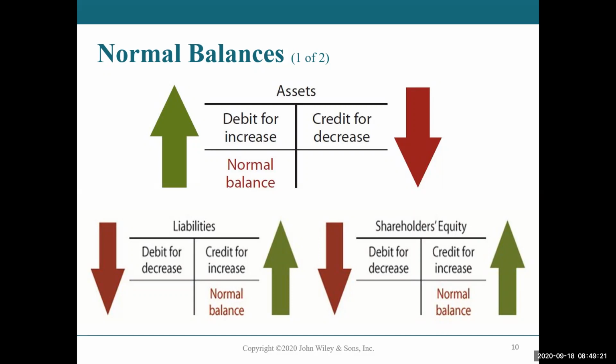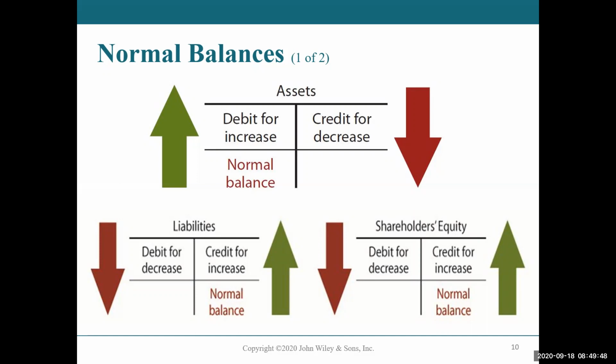The normal balance for an asset account is debit, which means if you keep debiting this T account, the total asset is going to go up and up. As soon as you start crediting that asset account, it will start coming down. This normal balance concept tells you whether the account balance is going up or down.